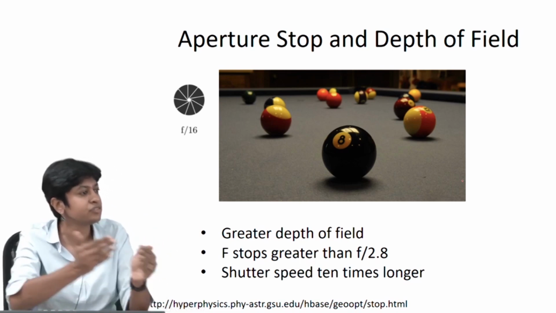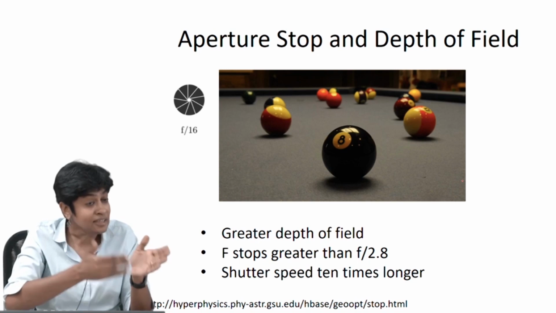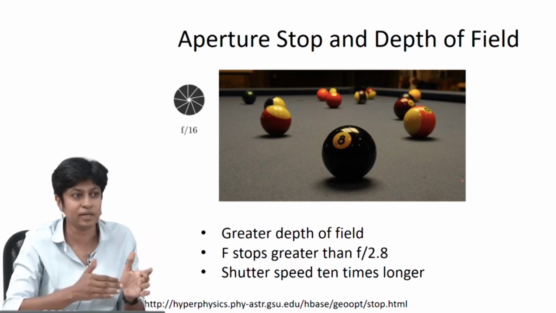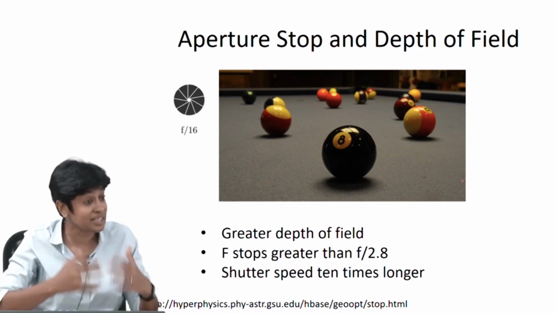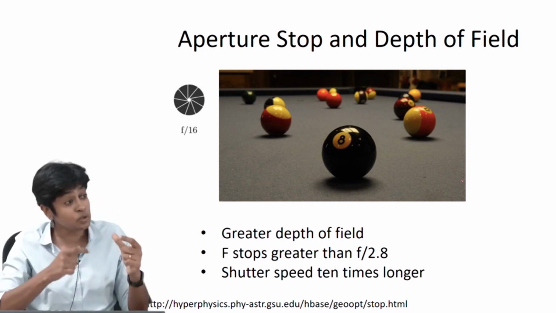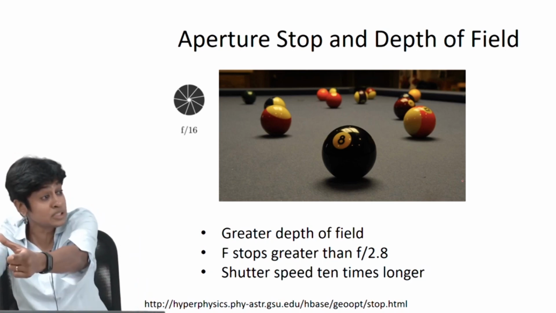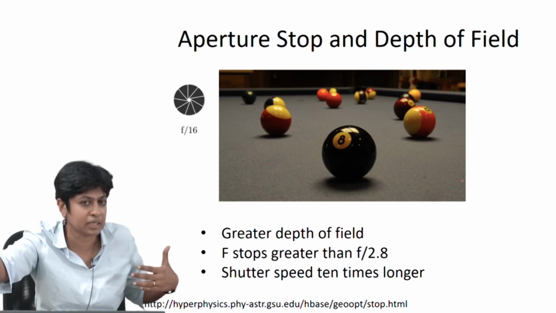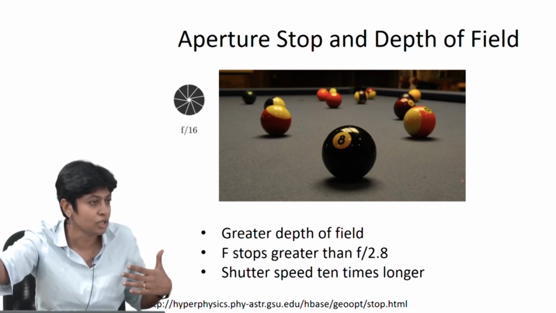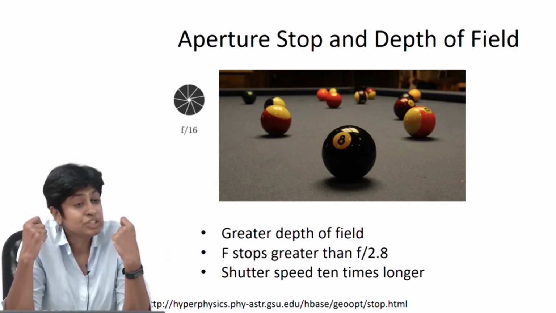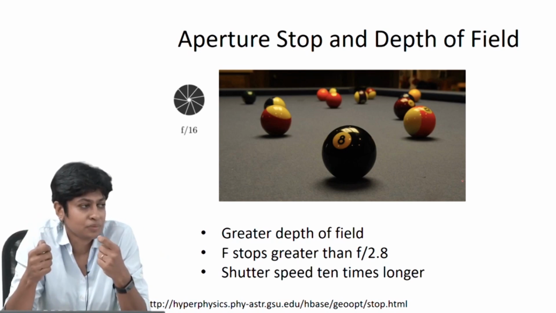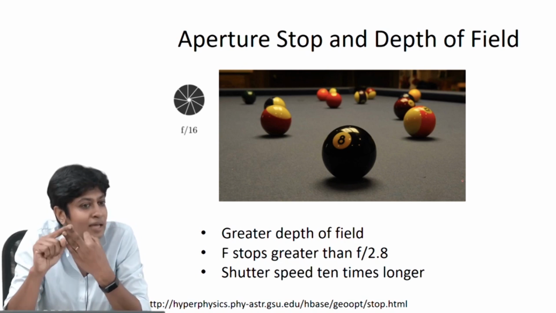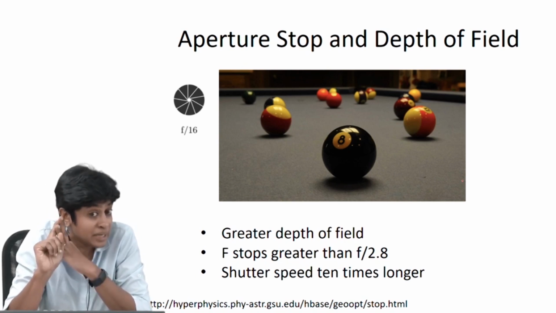And then when they want to shift your focus somewhere else, they either change the focal position and they still have a shallow depth of field, but they've changed the entire focal setting so that the shallow depth of focus is now shifted to somewhere behind, or they change the setting so that everything becomes in focus, right? So you can play around with depth of field, depth of focus, simply by changing the aperture stop dimensions.